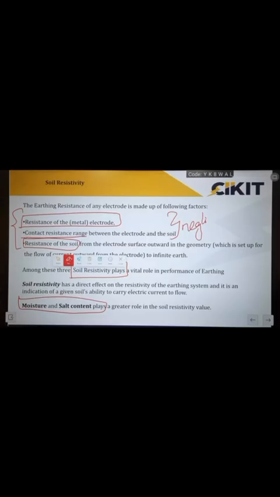So whenever we perform this testing, we should always do it in dry conditions, because soil resistivity and resistance depend upon the moisture value. If the moisture is higher, definitely the resistance will become lower. These are the two factors which have an effect on the soil resistivity.